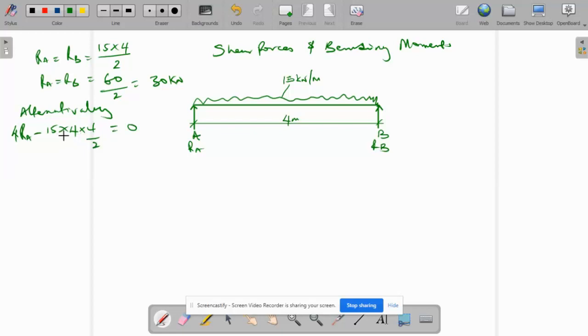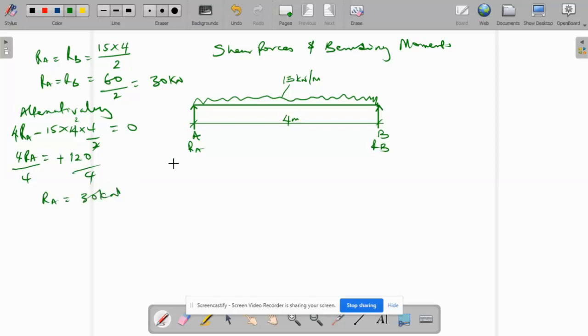Taking this to the other side, 4 reaction A is equal to 120. Dividing both sides by 4, our reaction A will be equal to 120 divided by 4, which is 30 kilonewton.